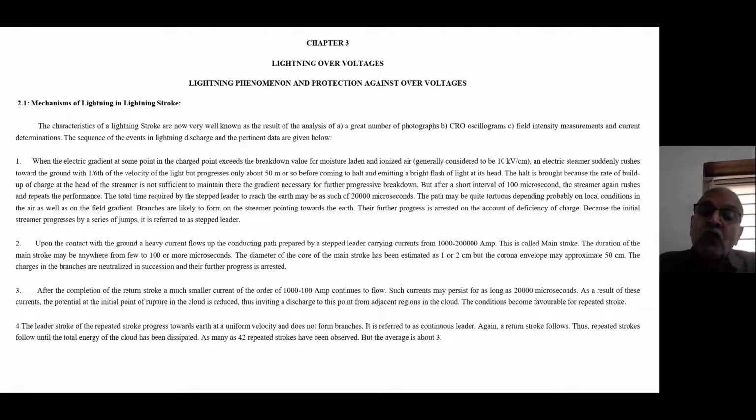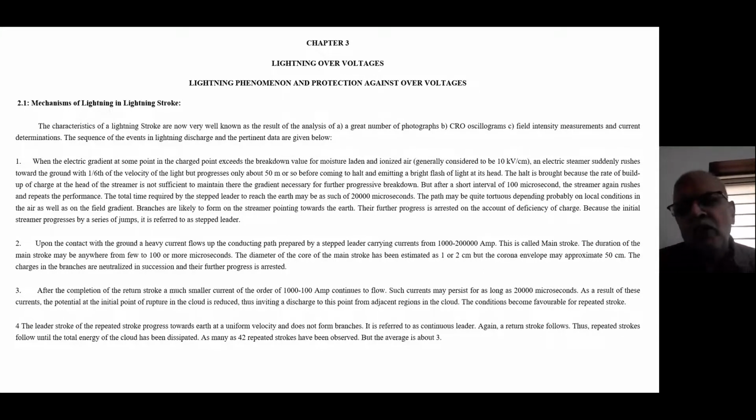Whenever a lightning stroke falls on ground or a transmission line or whatever, a very large current also passes, right? And that large current is very destructive. If it falls on plain ground, it will create an 8 feet deep pit within 1 microsecond.